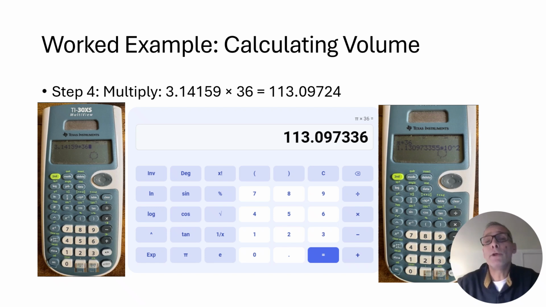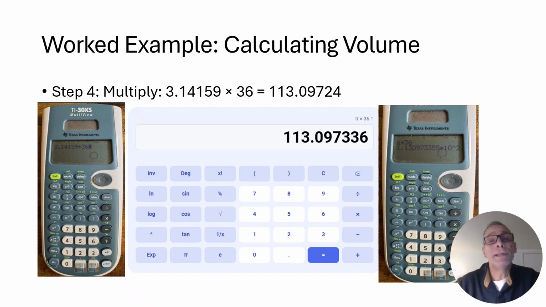Using 3.14159 times 36 will give you an answer of 113.09724, whereas using the longer version of pi in the scientific calculator, the result is 113.0973355.